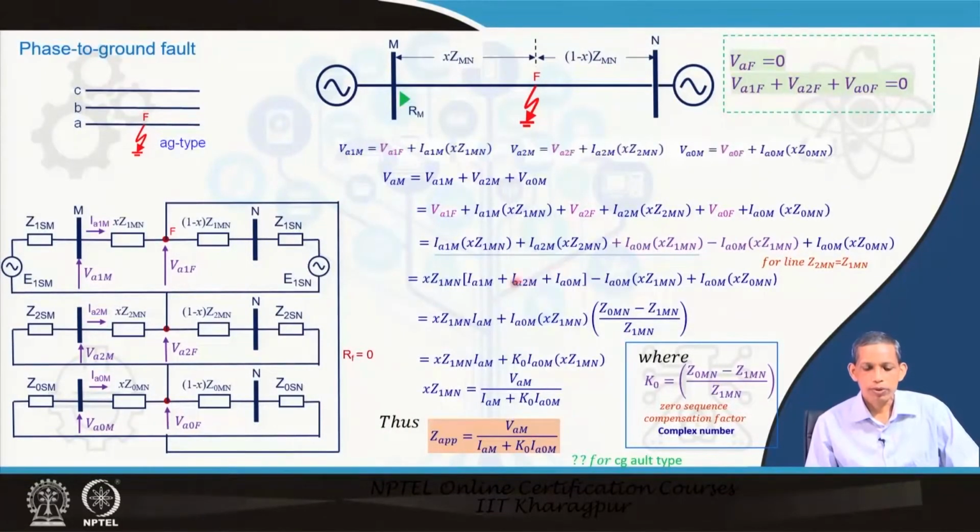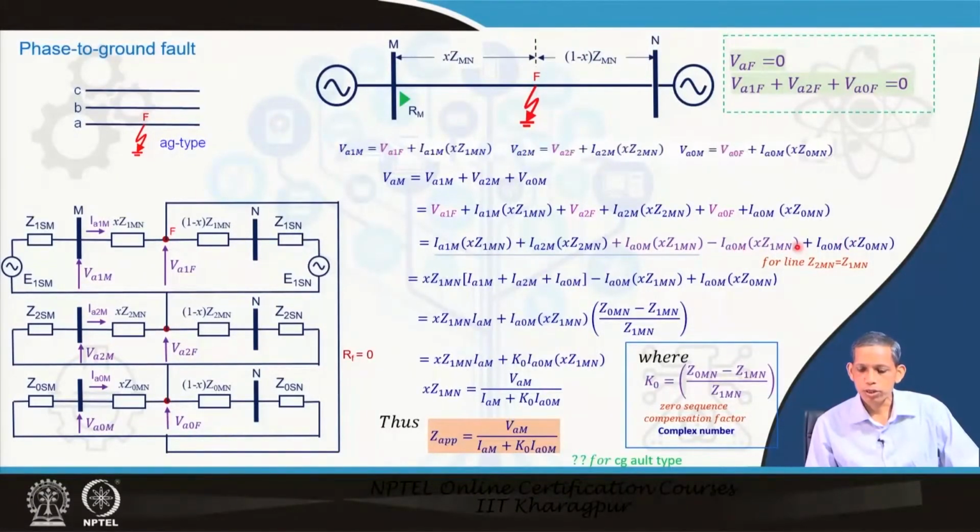Now you see here x Z1Mn, x Z2Mn, x Z1Mn, but we know for a transmission system positive sequence impedance equals negative sequence impedance. That is why this becomes also x Z1Mn, so x Z1Mn becomes common. So I1M plus I2M plus I0M, these three parts give us this.